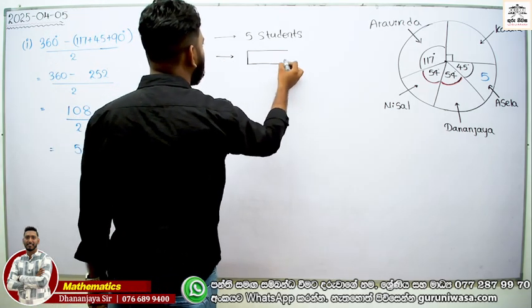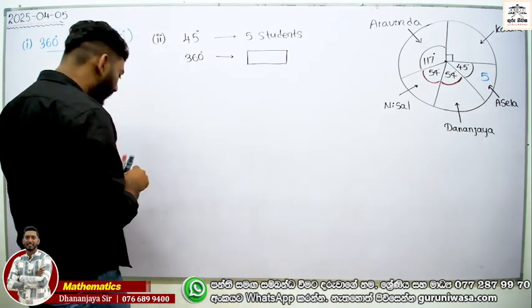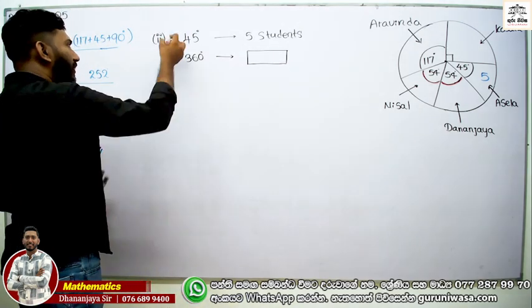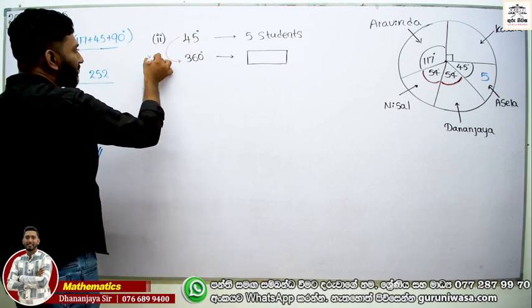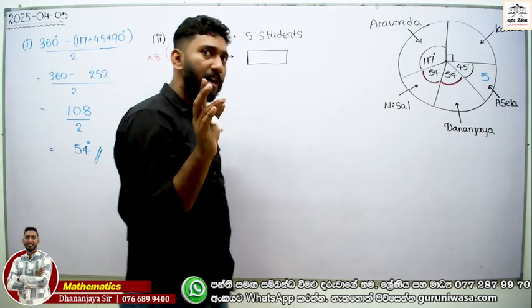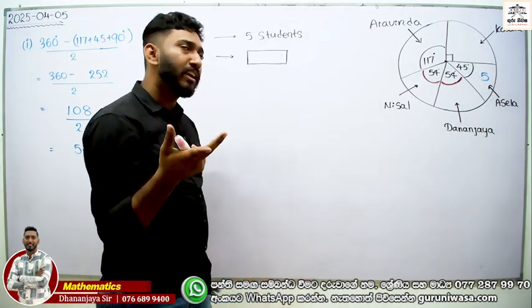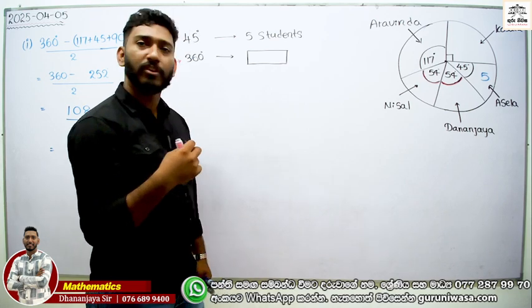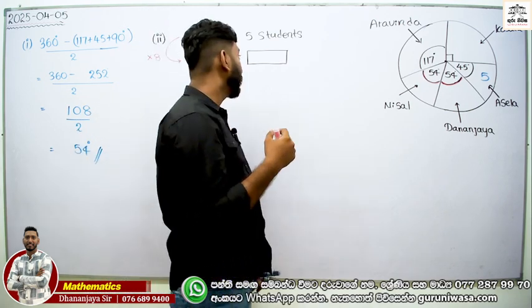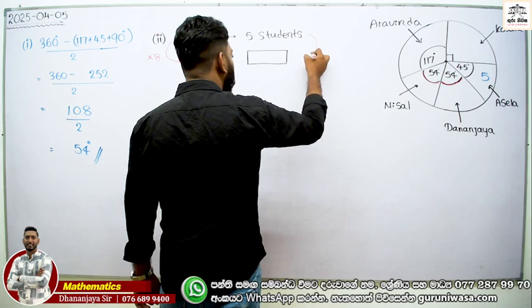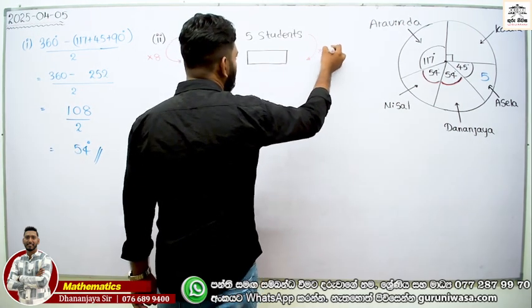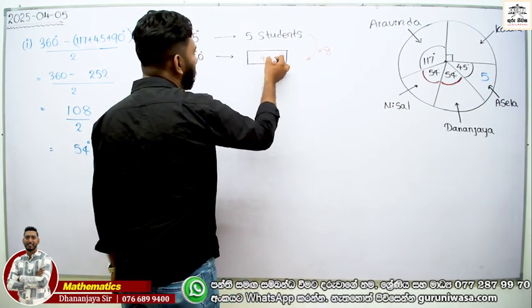We know that 45 doubled is 90, and so on up to 360. Therefore 45 times 8 becomes 360. Then 5 multiplied by 8, the answer is 40 students.